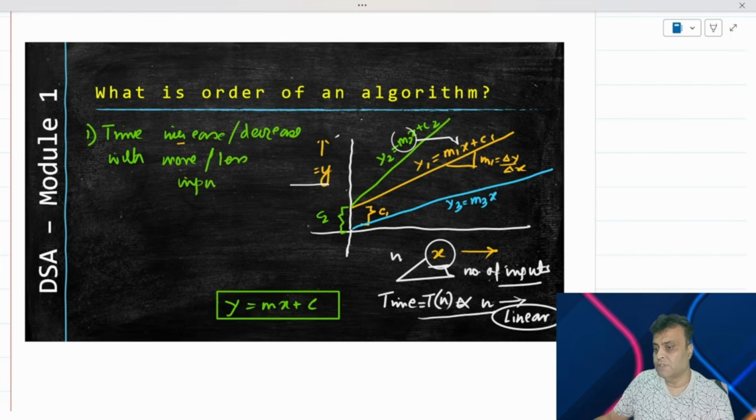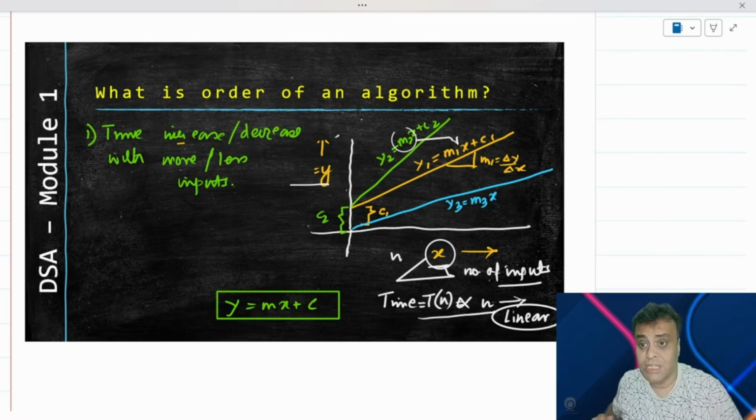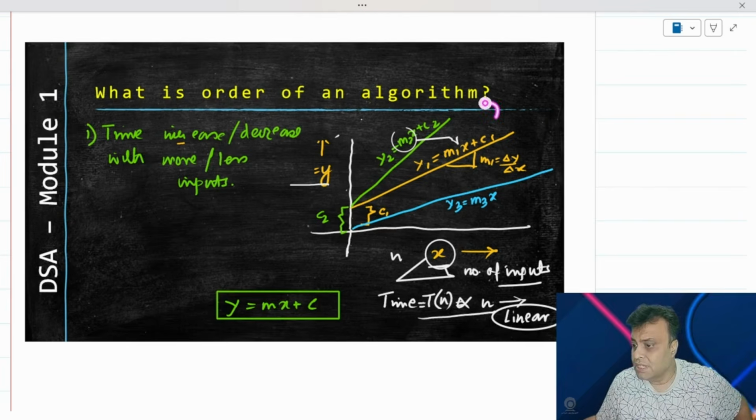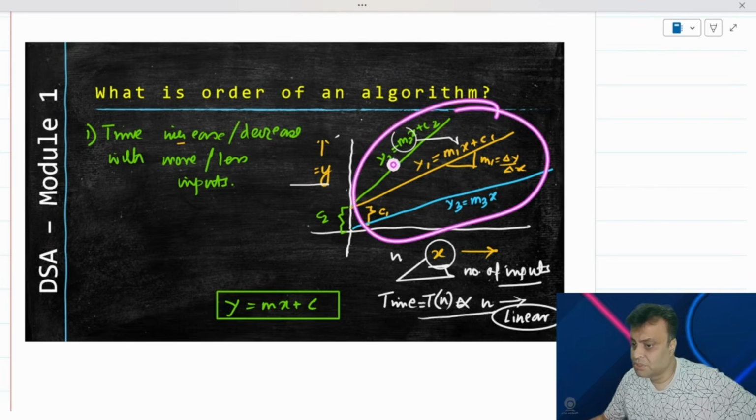This is the first point we are worried about. Does the time increase or decrease with more or less inputs? We are not saying how much the time increases, we are saying, does the time increase? And in this case, we see, yes, the time increases with the inputs.